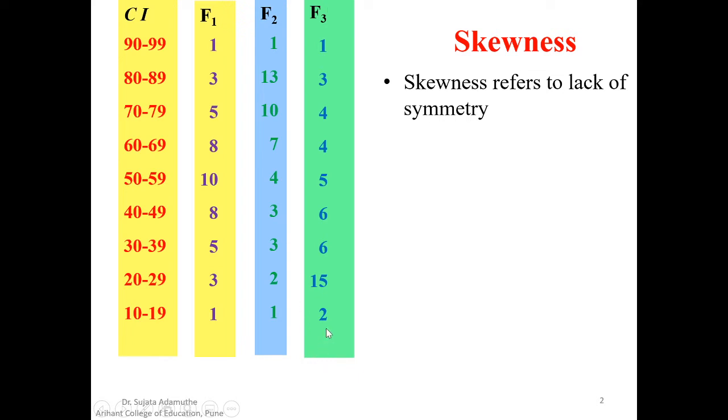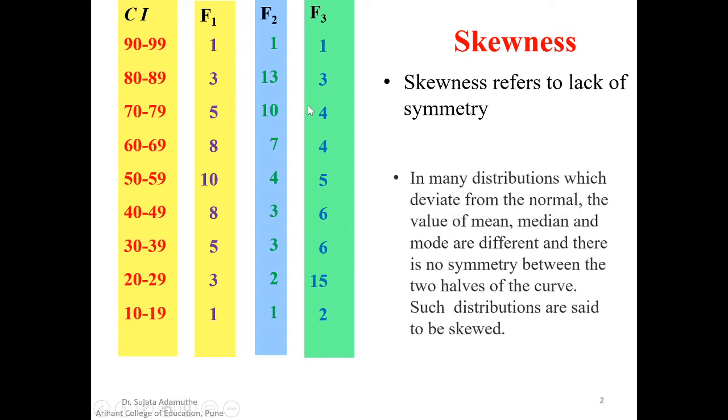On both sides of the highest frequency there is no symmetry, and this is called skewness. Again I will repeat, skewness refers to lack of symmetry. In this group there is a symmetry, but in these two groups there is no symmetry, and that is called skewness.